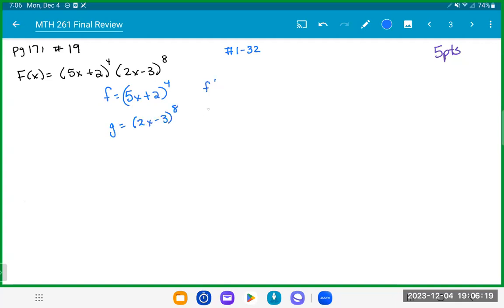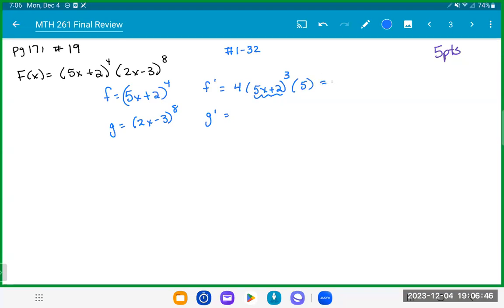So when we do our extended power rule, we get 4 times 5x plus 2. Really, because remember, we're just bringing this down into the front. And then we degrade the exponent by 1, and we multiply it by the derivative of the insides, which is 5.